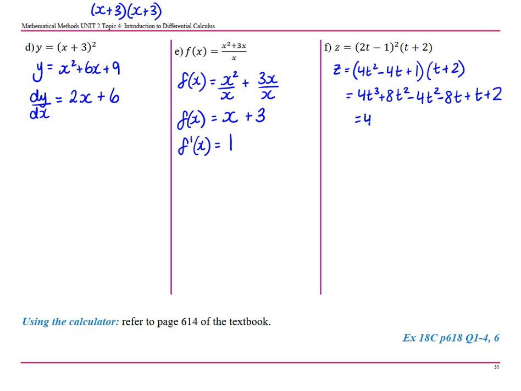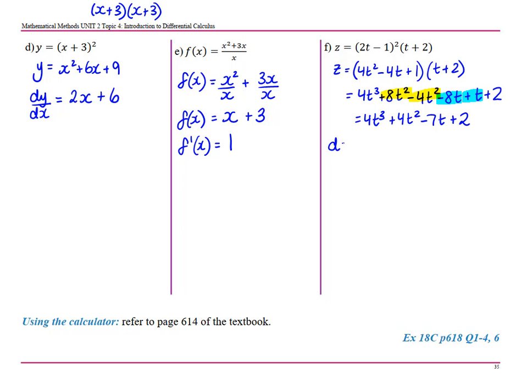Collect like terms, you got 4t cubed, 8t squared minus 4t squared is plus 4t squared, minus 8t plus t is minus 7t plus 2.